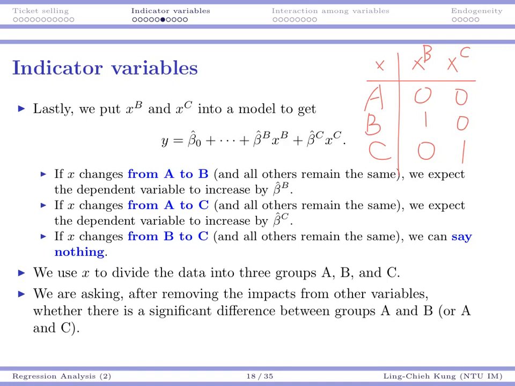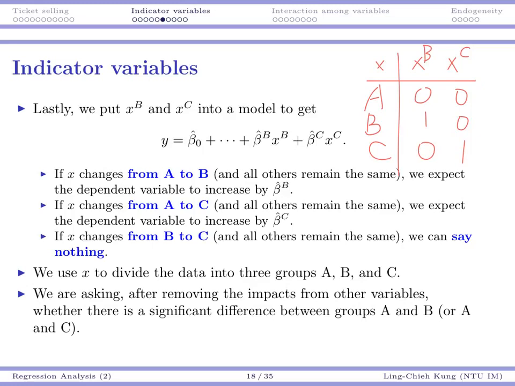So when we have a qualitative variable, this is already the best thing to do. But still, there is something that we cannot explain. We can have a reference level, and we can know what's going to happen if we deviate from the reference level. But among those non-reference values, we can say nothing.